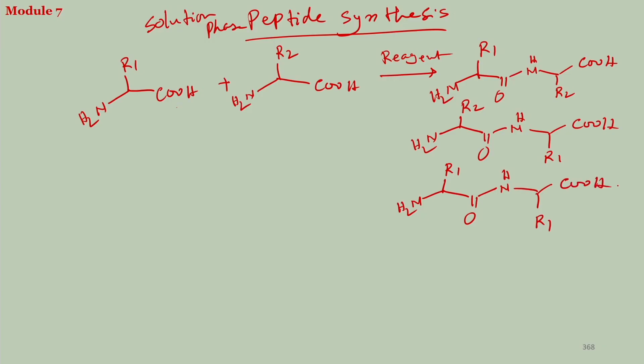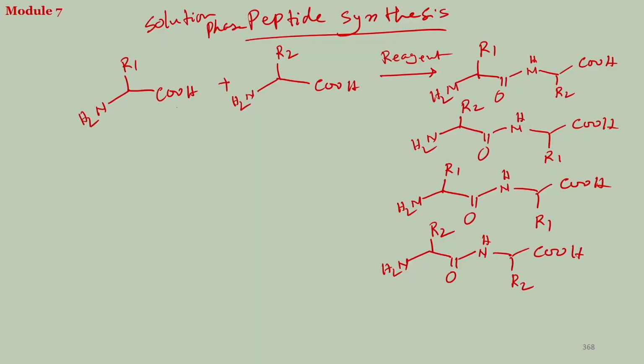This is also possible. Similarly, for the R2. Both are true. So you have at least 4 possibilities. If you do a solution phase reaction between 2 amino acids to synthesize a dipeptide, all 4 will be formed in your solution.